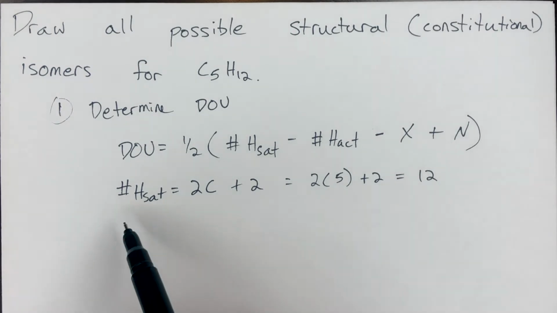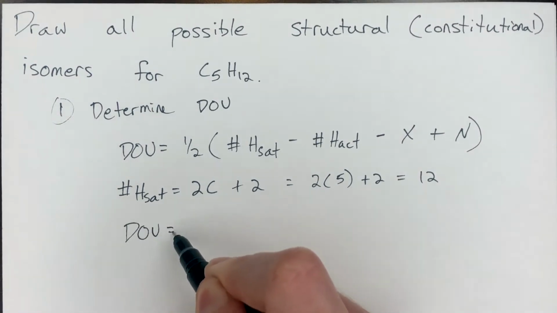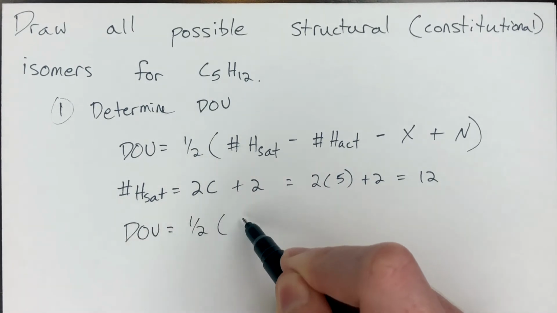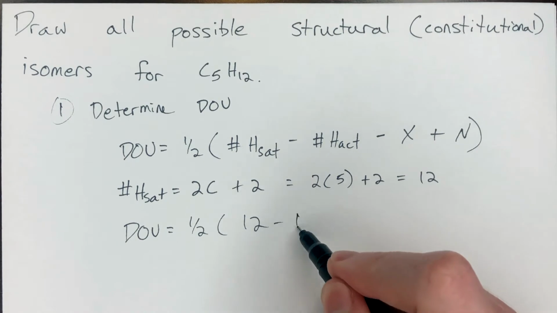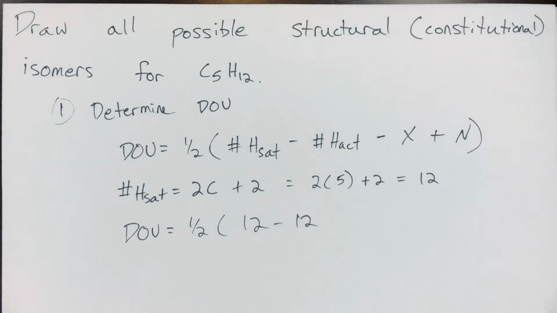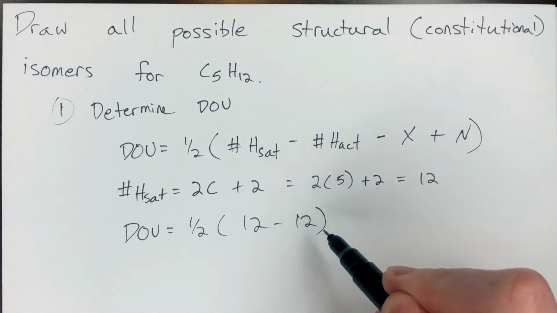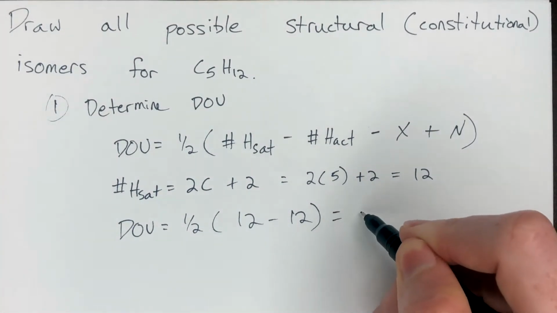So now we can plug this value into H saturation in our DOU. So it's 12 minus how many are actually present, which is also 12, minus any halogens, add any nitrogens, neither are present in this compound, so it's just 12 minus 12, which is 0, divided by 2, still 0.